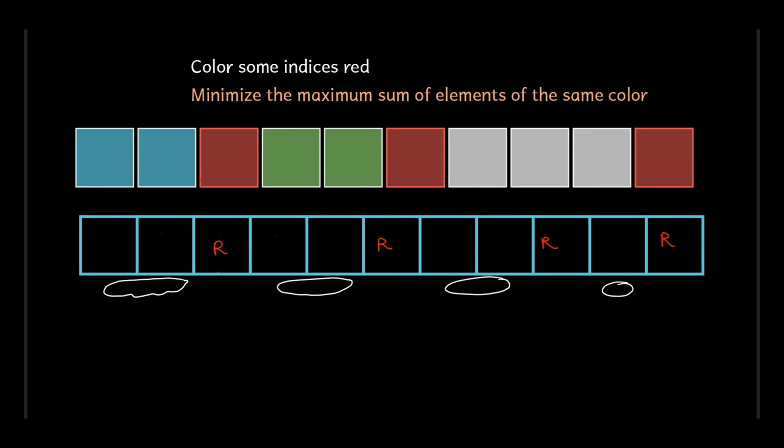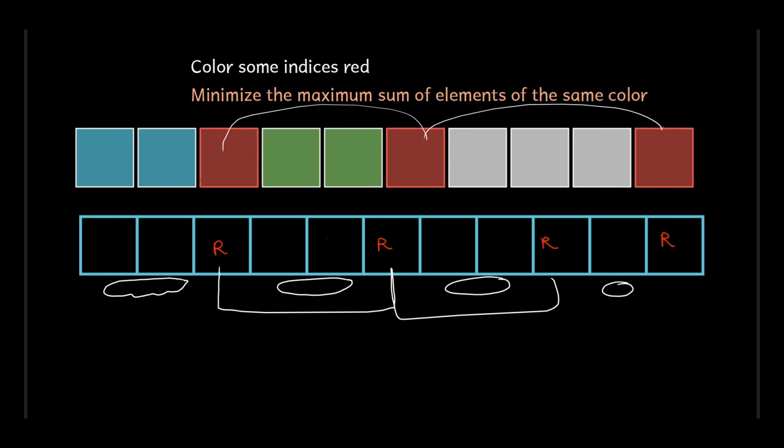But if you place too many barriers, the sum of the red elements might become the dominating factor. So you see there is a trade-off involved. Placing too many barriers is an issue, but placing too few is also an issue. Suppose you place just 2 barriers, then this middle sum can become quite large.